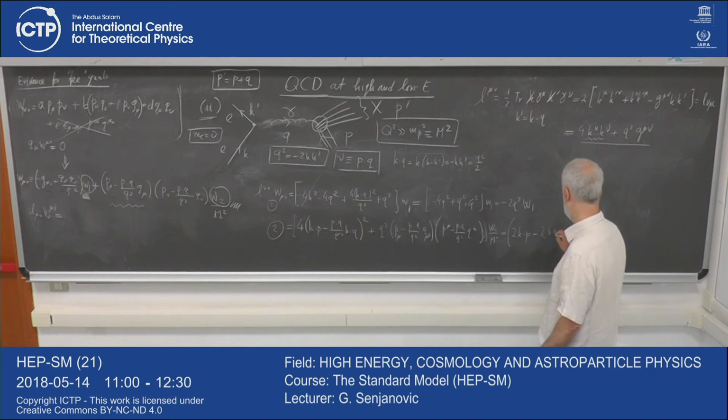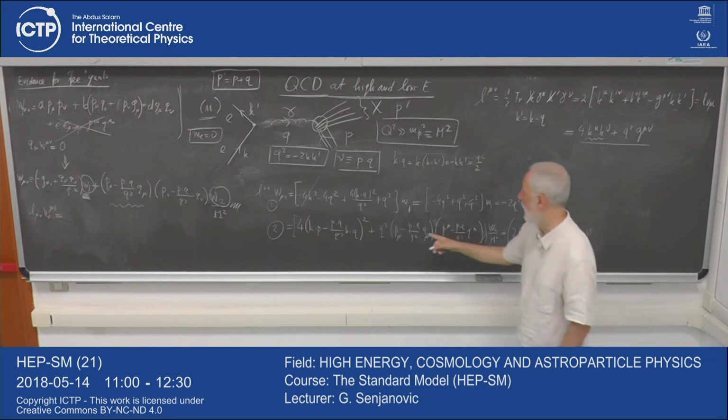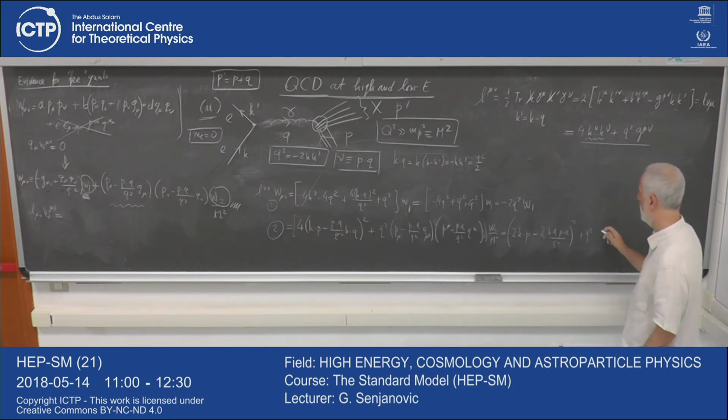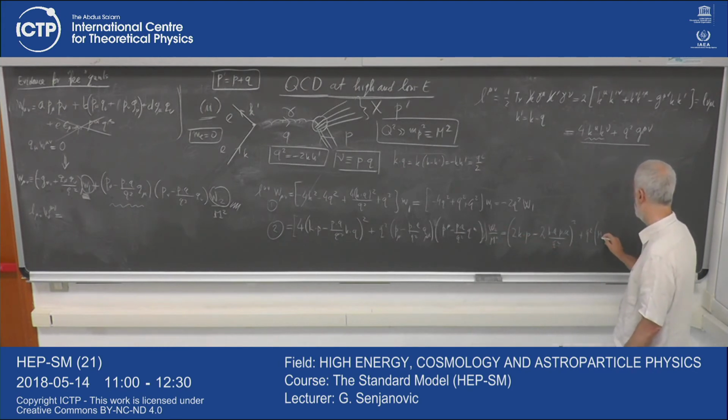Okay, let's write it. K times Q, P times Q over Q squared, squared, plus Q squared. What is here? I get P squared. I'm going to multiply this. P squared is M squared. You agree?